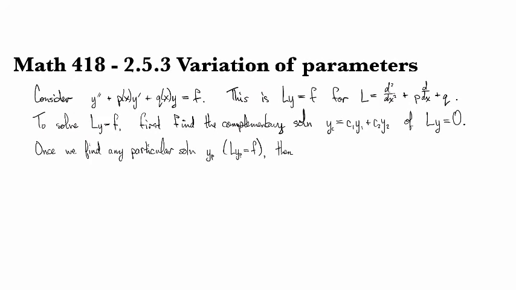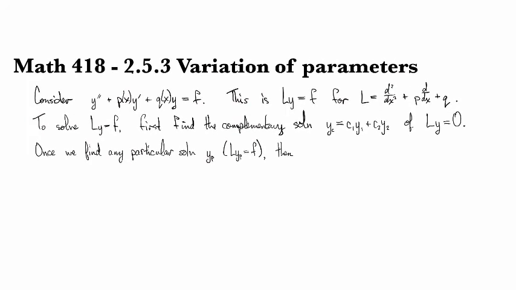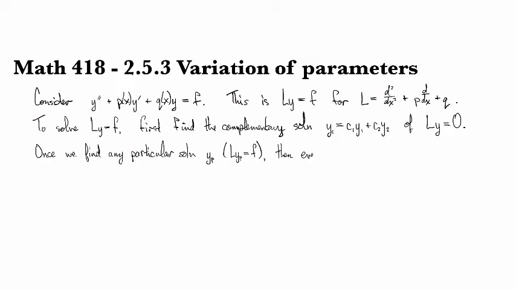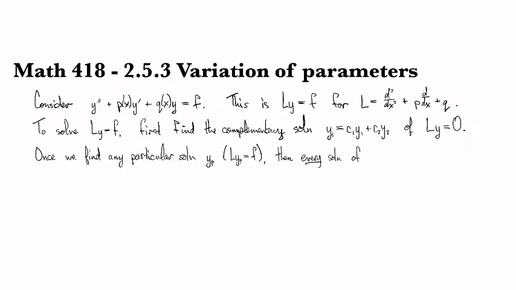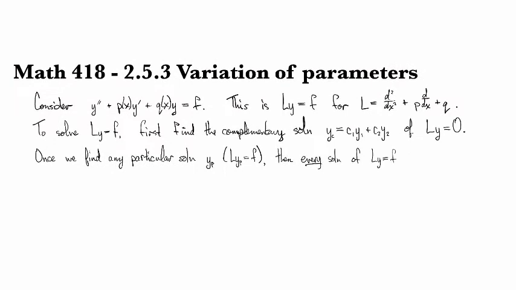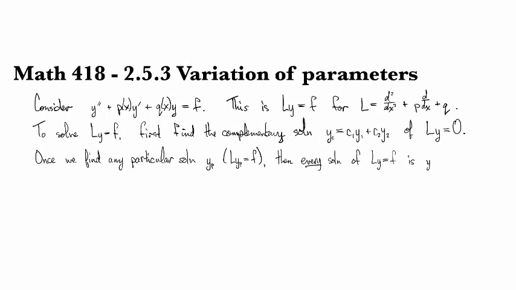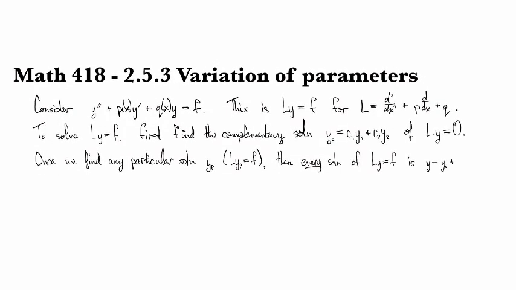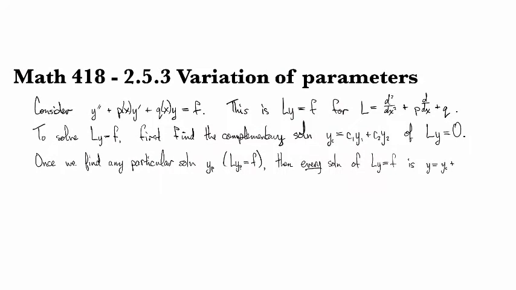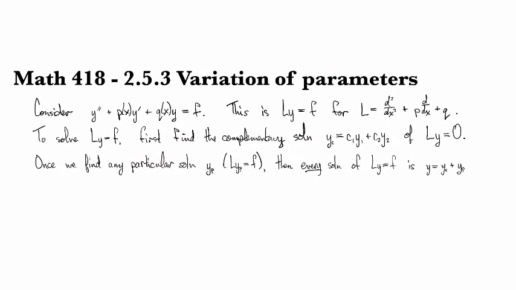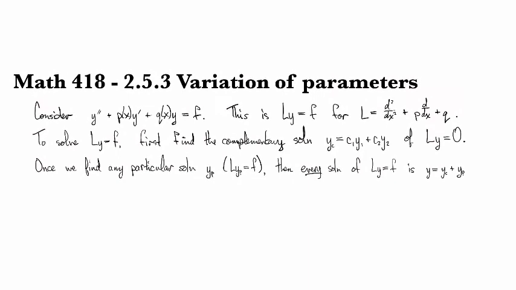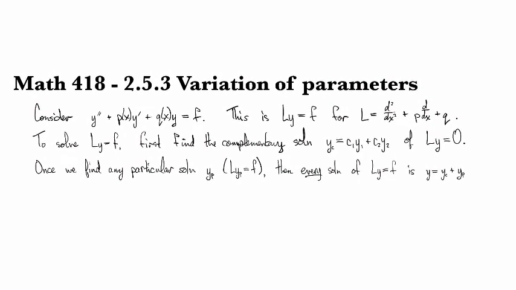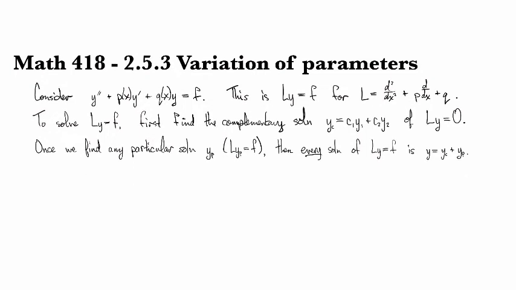So once we've found one particular solution, then every solution of Ly equals F looks like yc plus yp for some choice of c1 and c2. So some choice of coefficients. And it's super easy to check that.